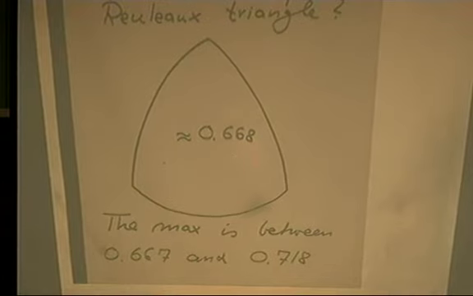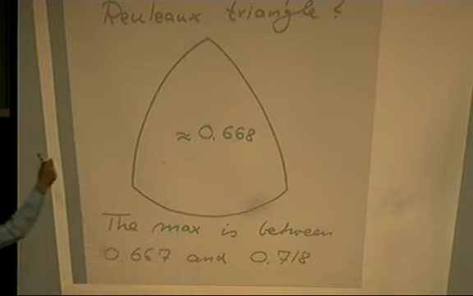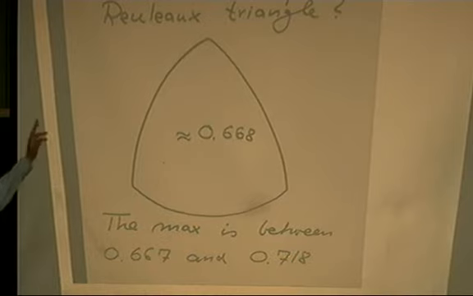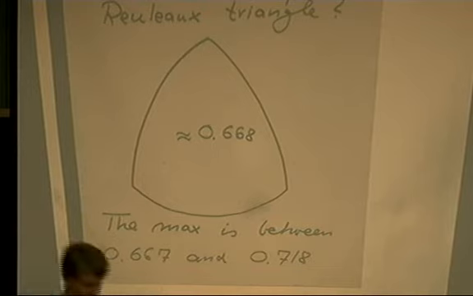And then there is a theorem saying that the average distance for any such subset in the plane is at most 0.718. But the maximum is not known. And it's believed to be this Reuleaux triangle which realizes this maximum.